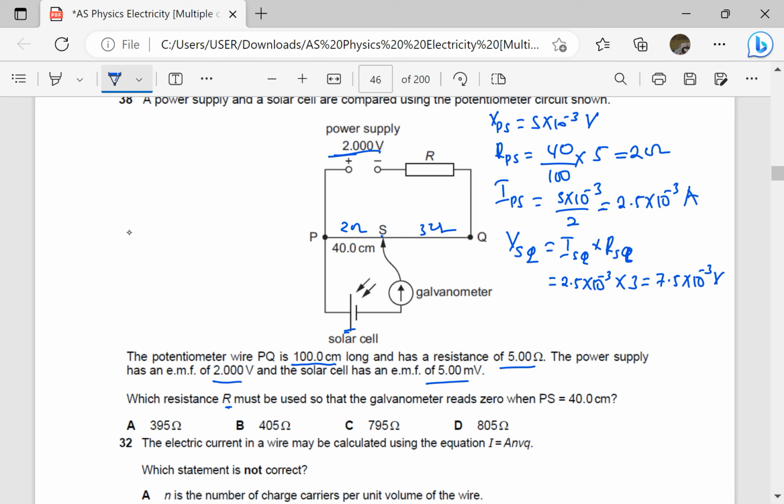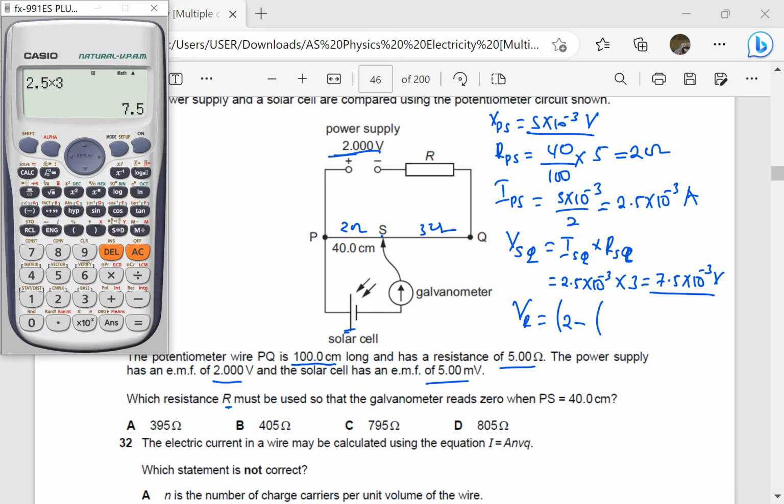So I should now be able to find the PD across R. The PD across R is going to be 2 minus the PD across PQ, which is going to be the sum of these two, this one plus that one. So I have 7.5 plus 5, which is 12.5?